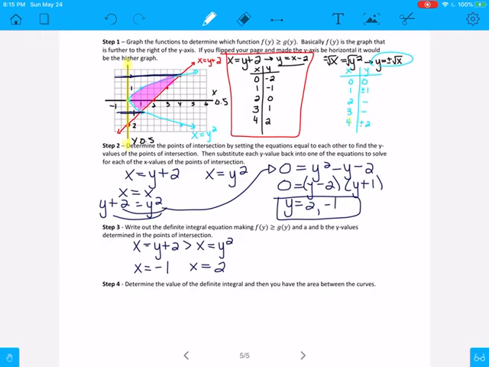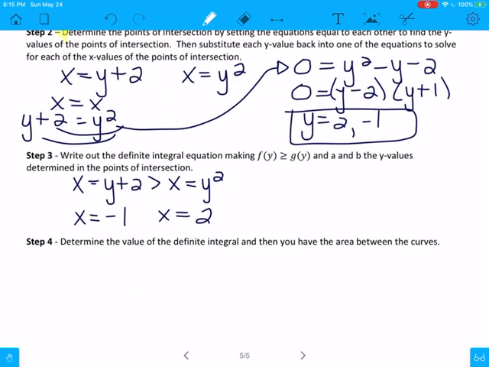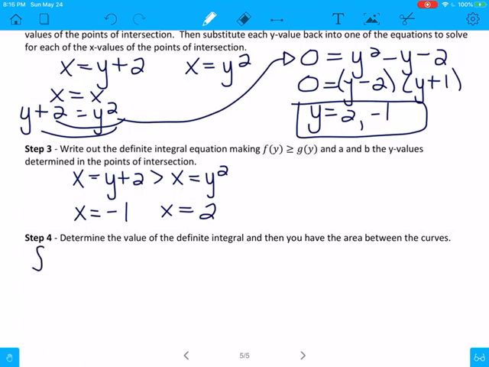And then I just do the same integral deal. I'm going to do an integral from, that's my a, that's my b, so -1 to 2.